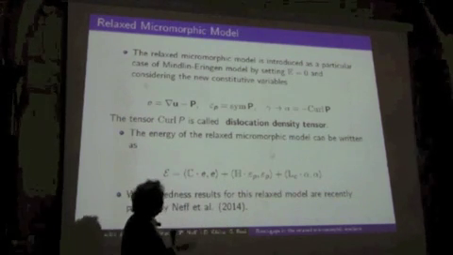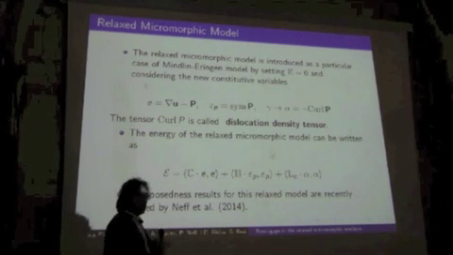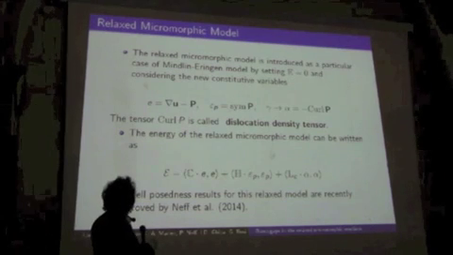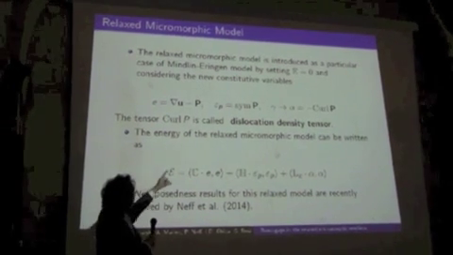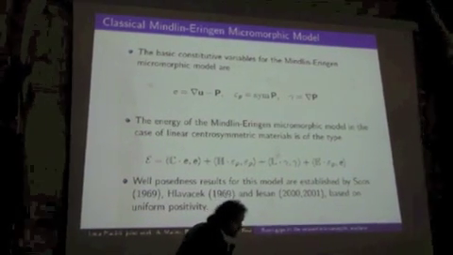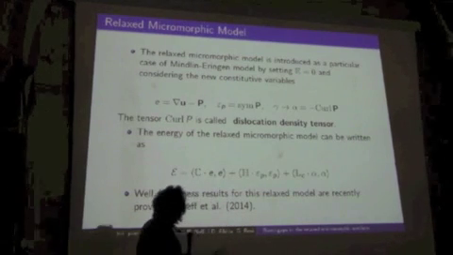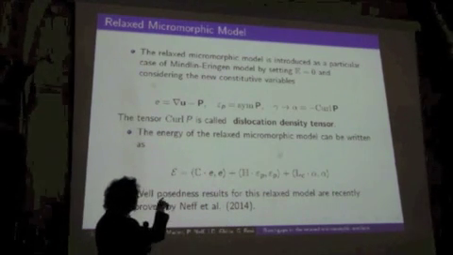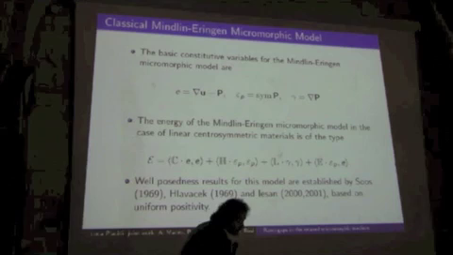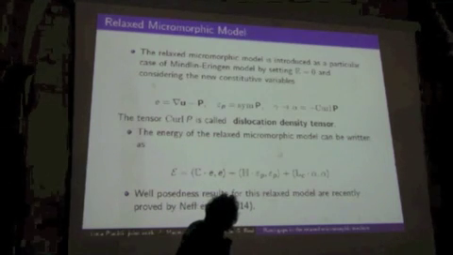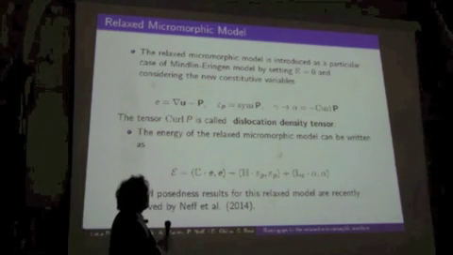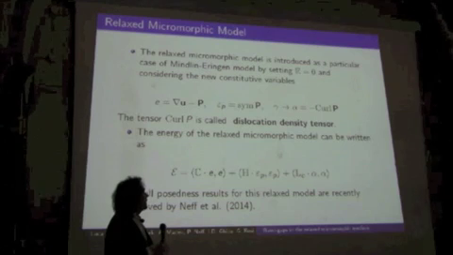For the relaxed micromorphic model on which this work is based, we particularize the previous tensor E equal to 0, and the basic constitutive variable is now not anymore the gradient of P as in the classical case, but the curl of P, which is also called the dislocation density tensor.